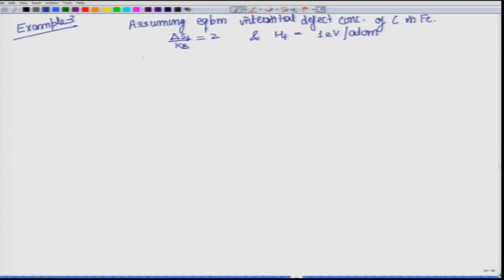what you need to find is, at 600 degrees Celsius, the equilibrium concentration ratio of interstitial.